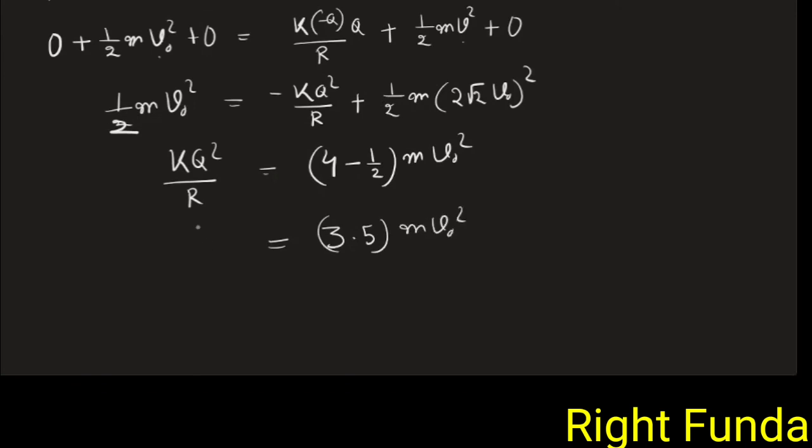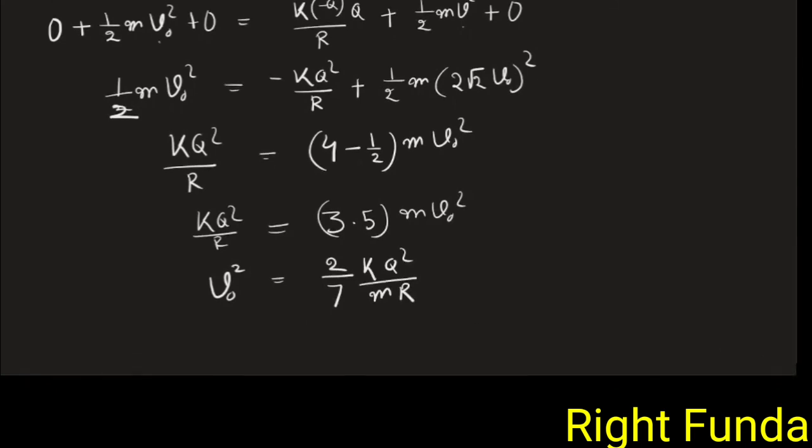So v naught square into 7 by 2 is equal to k q square by r, so v naught square is equal to 2 by 7 k q square by m r.